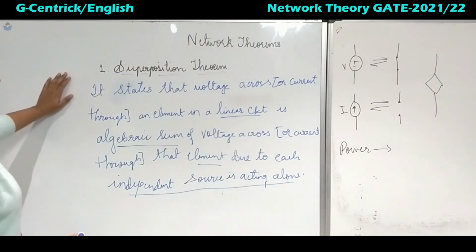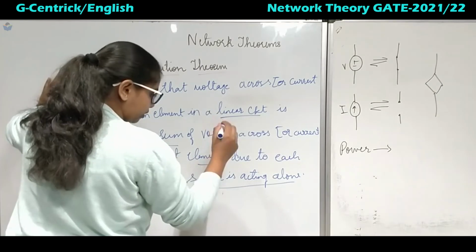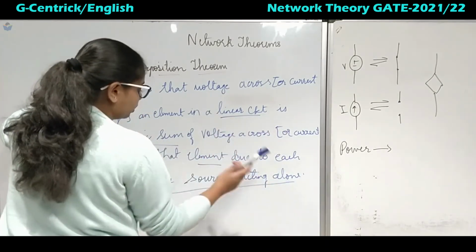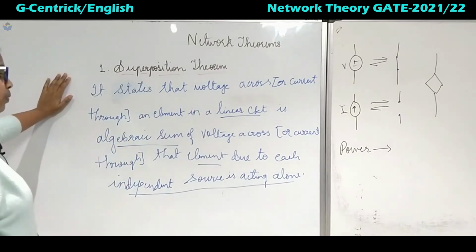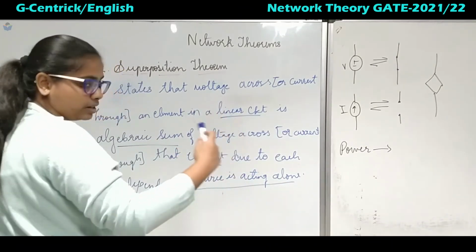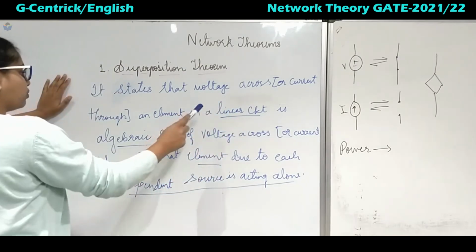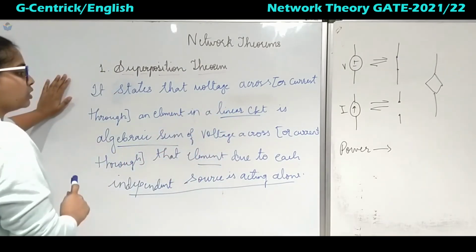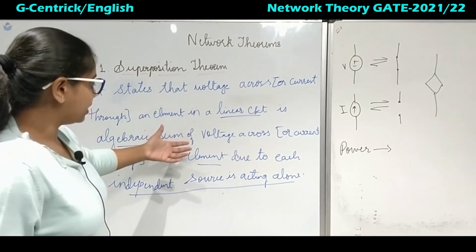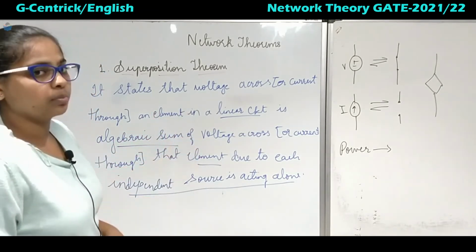Then you calculate the voltage and current across that element, every time choosing one independent source. After completing all the independent sources, making each active one by one, you have to add those voltages or currents through the element. We will understand this more clearly when we solve the problem.